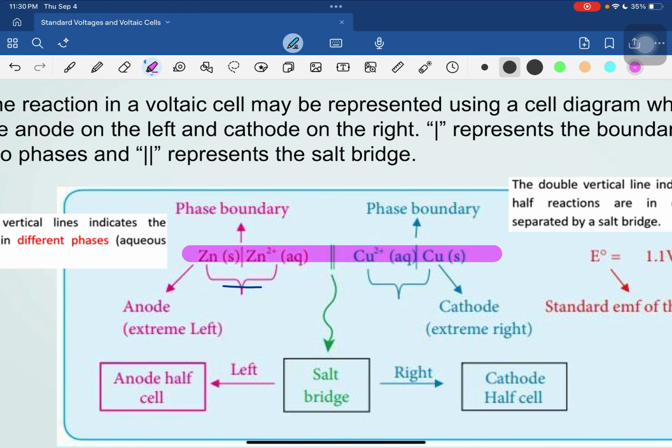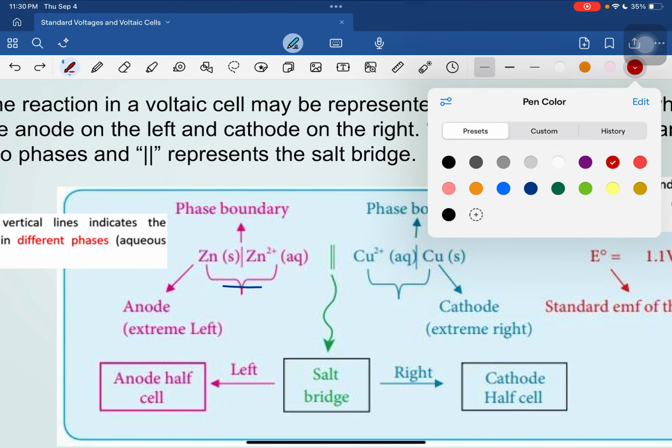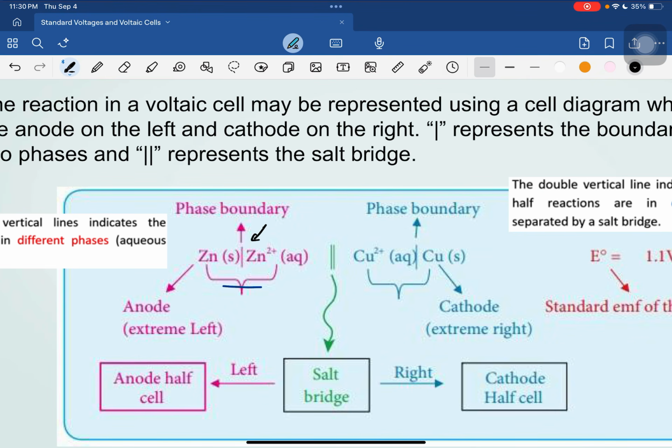This is our single vertical line, and this is also a single vertical line, which indicates a phase boundary. And we have the double vertical line, which is the salt bridge.